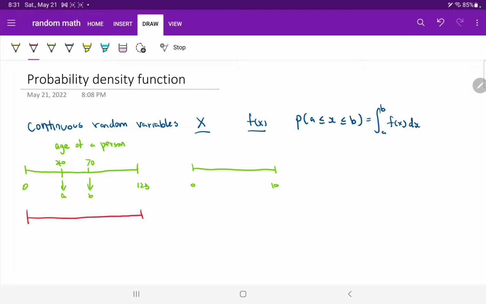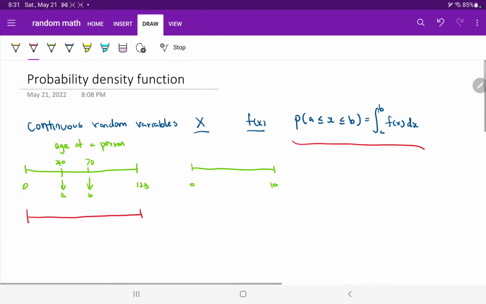By integrating from my chosen a, in this case 40 years old, to my chosen b, in this case 70 years old, the probability density function can tell me the probability that if I choose a random arbitrary value of x, it lies between a and b.